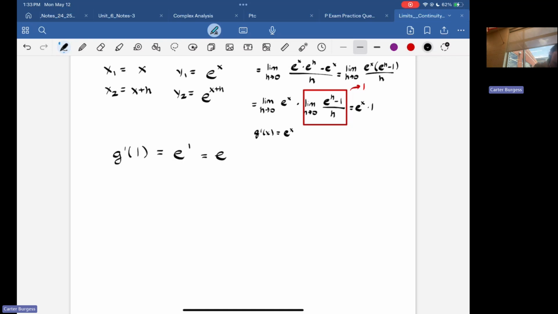Right? So this, again, is the slope of the tangent line. We'll do some visuals here in just a second when we compute some tangent lines.